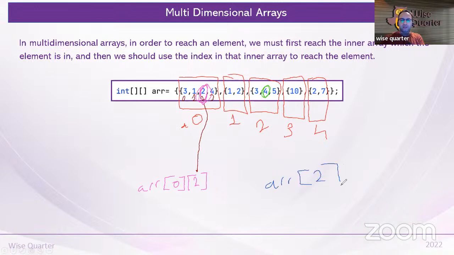This is the outer array's index. Now let's check the inner array, 0, 1, 2. The one I'm looking for is at the index 1. I will write that number here. Okay, this will give me the 4 from the third array, and from the inside of it, it is the second element.